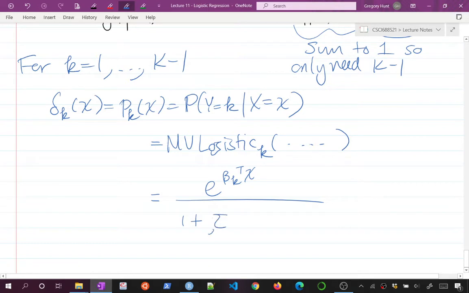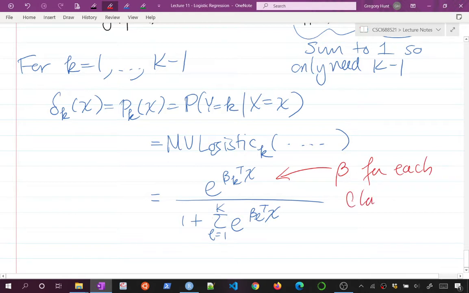Here we have 1 plus a sum over all k classes. So we get a beta for each of our classes. Let me write that out: beta for each class.